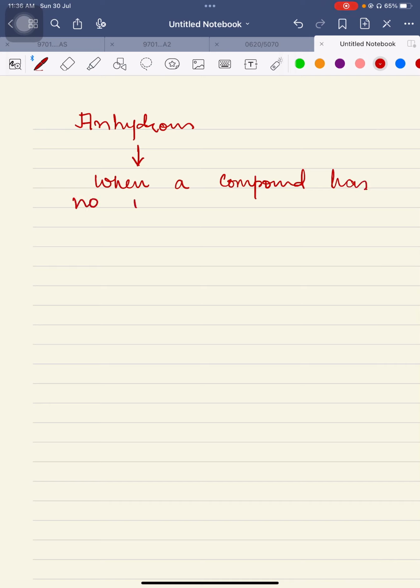Let me tell it to you. There is a term which is called anhydrous. When a compound has no water molecules, it is anhydrous.